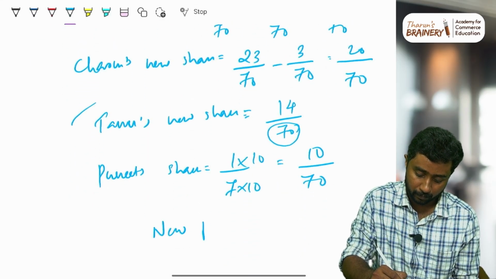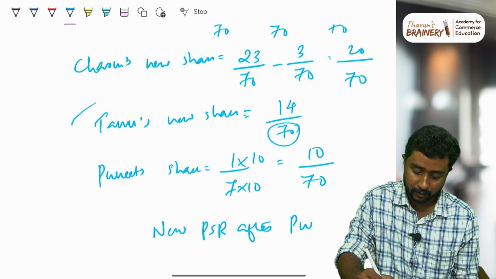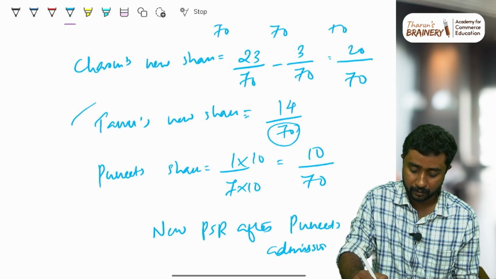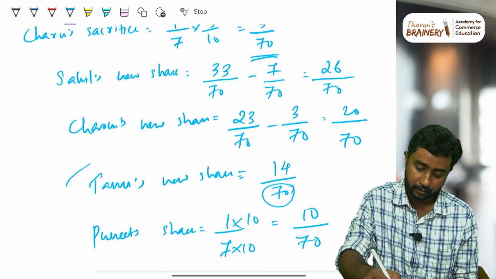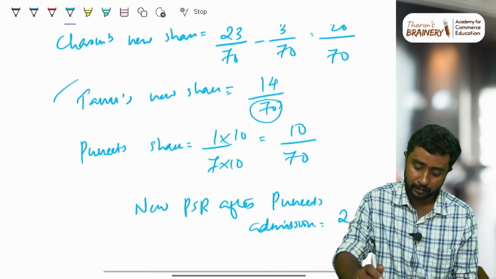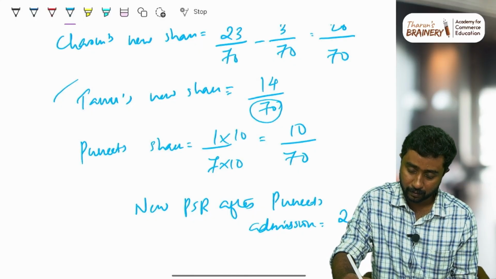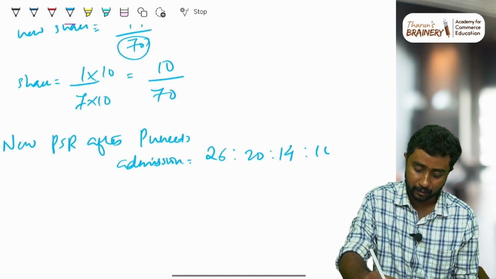So when we put it together, what is the new profit sharing ratio after Puneet's admission? First one, Sahil, is 26. Second one 20. Third one 14. And the last one 10.